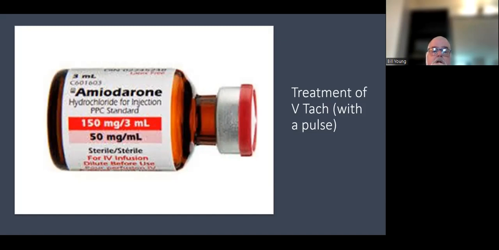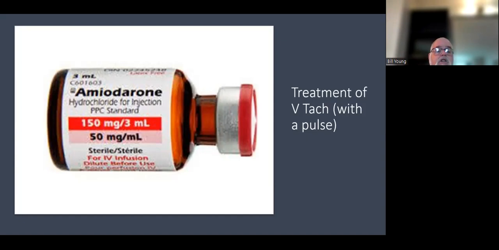What we're going to do with our patients that have symptomatic VTAC or symptomatic PVCs, patient is weak, their pressure is down because they're having multiple PVCs, especially if these PVCs are ectopic, is start them out with 150 milligrams, and we're going to give that over 10 minutes.